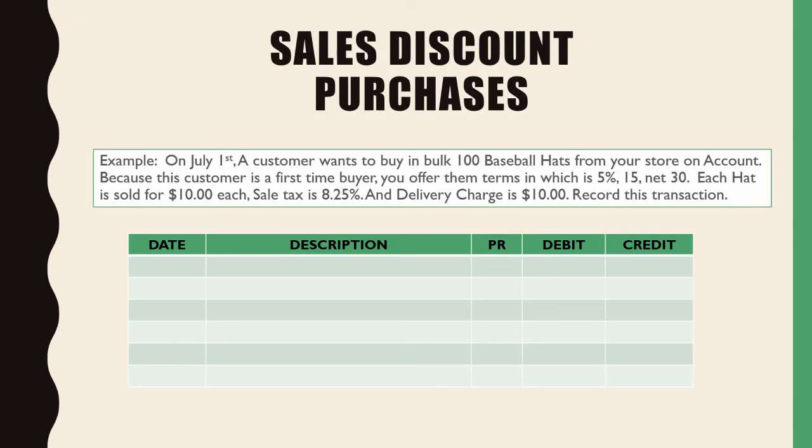So you say, okay, because you purchased the items from me and you got it on an account, I'm going to give you terms. I can give you a 5% discount if you can pay me within 15 days. If not, then you pay me the whole thing in 30 days.